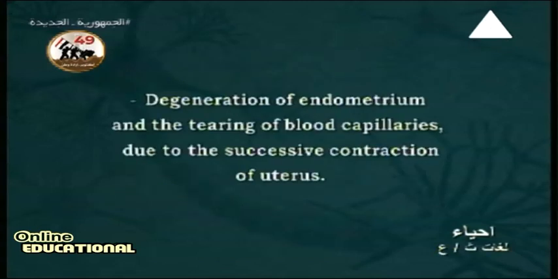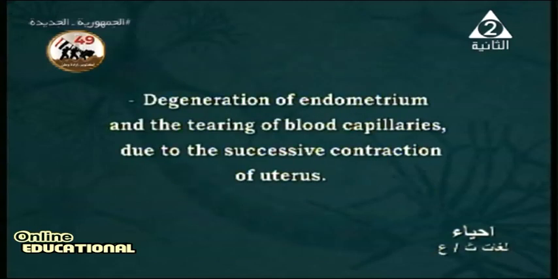Number one, degeneration of the endometrium and tearing of blood capillaries due to the successive contraction of the uterus. Degeneration of the endometrium means the blood capillaries found inside the uterus are removed, not found inside it.